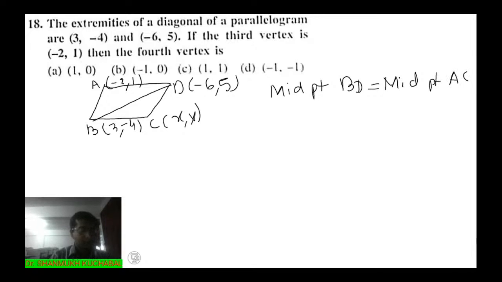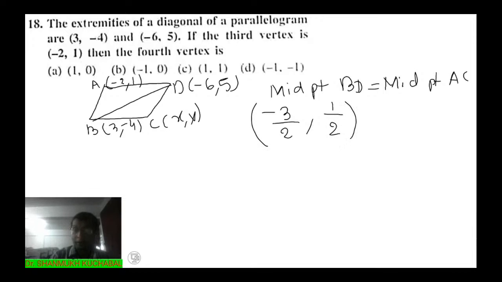So the midpoint of B and D is x1 plus x2 divided by 2, that we get as minus 3 by 2, and similarly y1 plus y2 divided by 2, 5 minus 4 divided by 2, so we get 1 divided by 2.